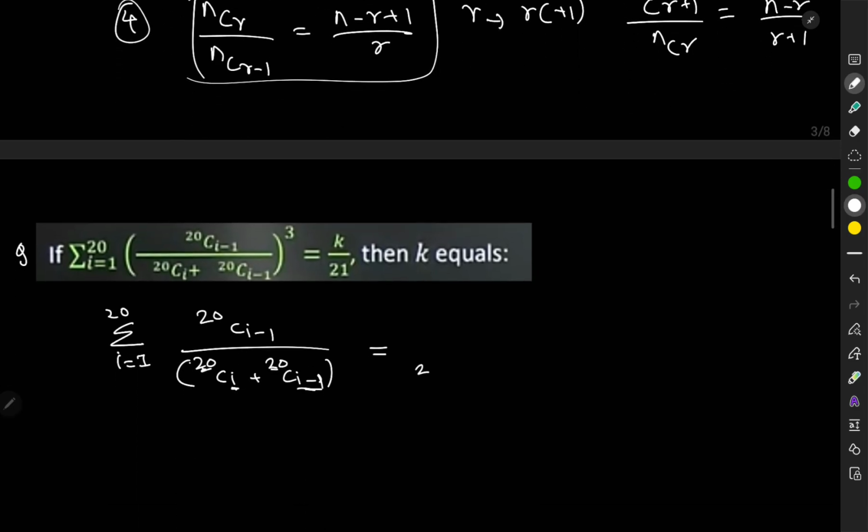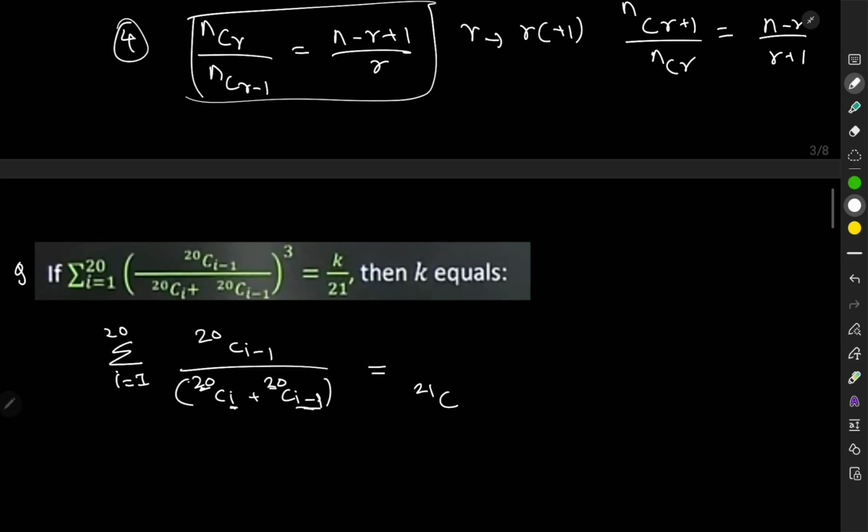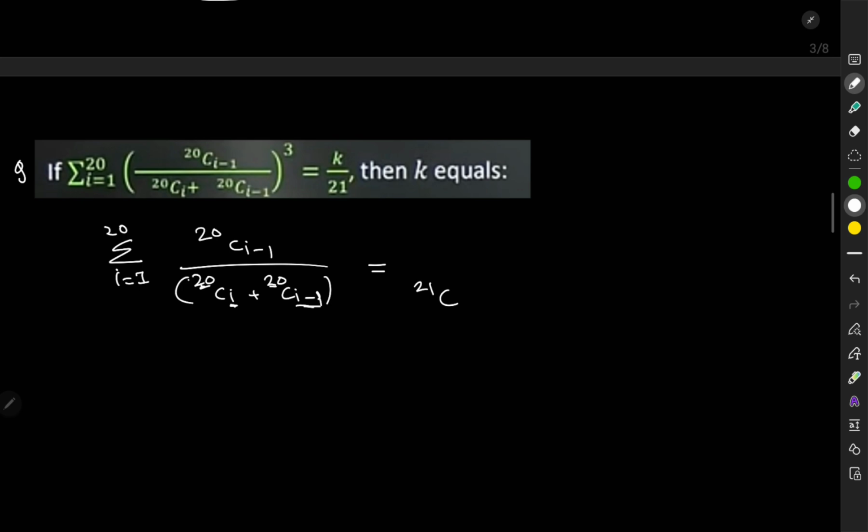So n plus 1, which is 21 C i, and in this case we don't take i plus 1, this is the minimum term, so we add 1 with this, so I will get something like i, divided by 20 C i minus 1, fine, whole cube. It's happening under sigma.